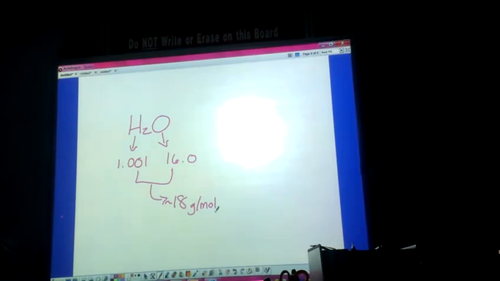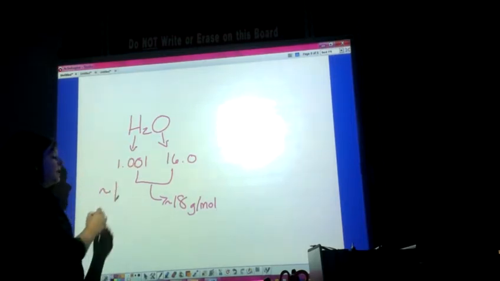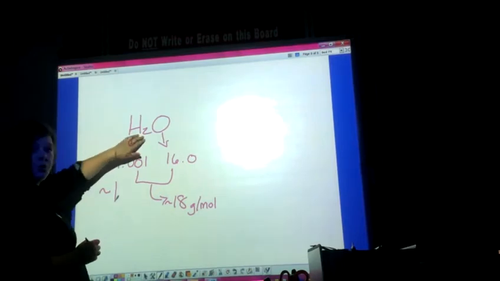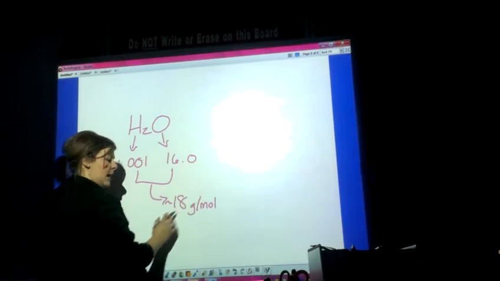So because of this, hydrogen has approximately a mass of 1, but I have 2 of them, so it's contributing 2 AMUs to that overall 18 AMUs.